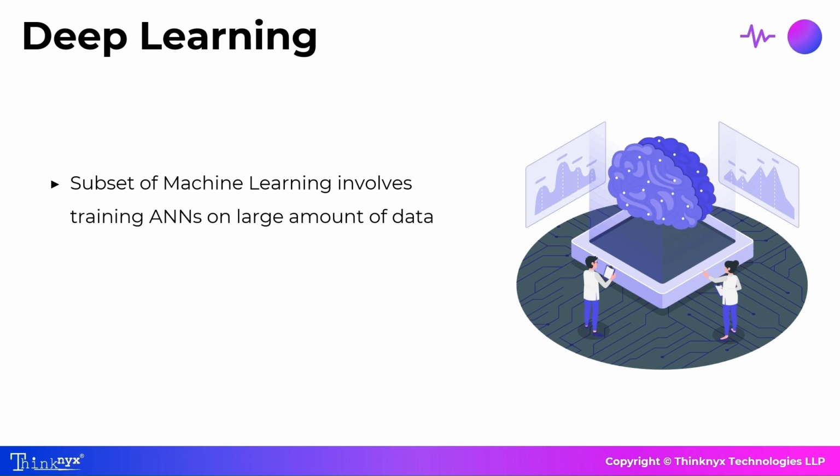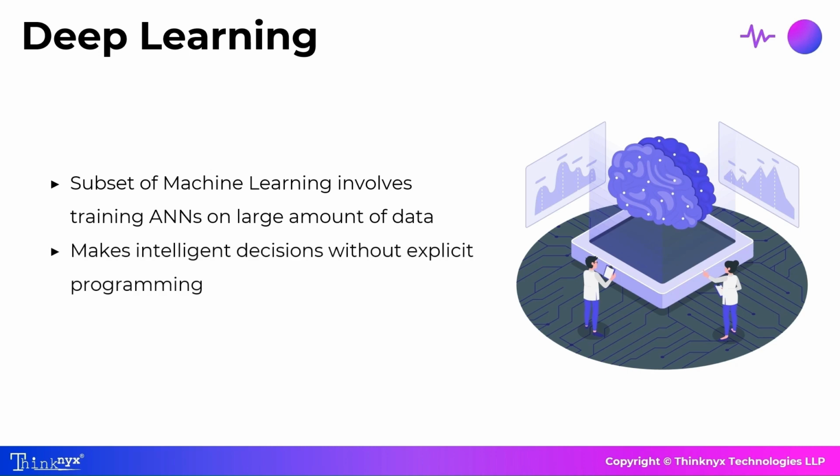Deep learning involves training artificial neural networks with its core structure inspired by the human brain on extensive datasets. These networks can then make intelligent decisions without explicit programming. It's like teaching a computer to learn from experience.